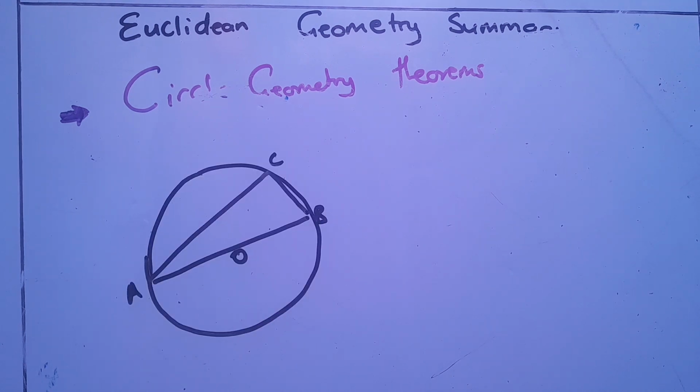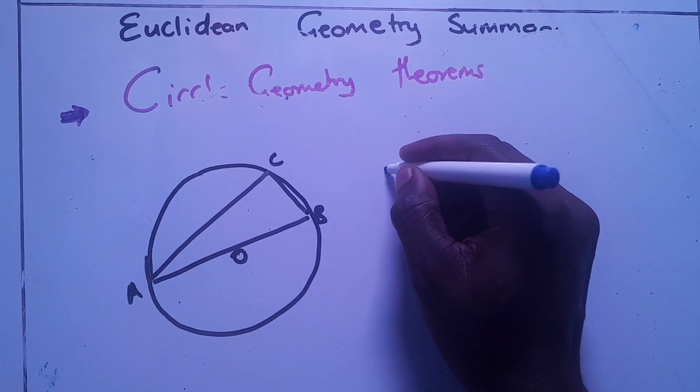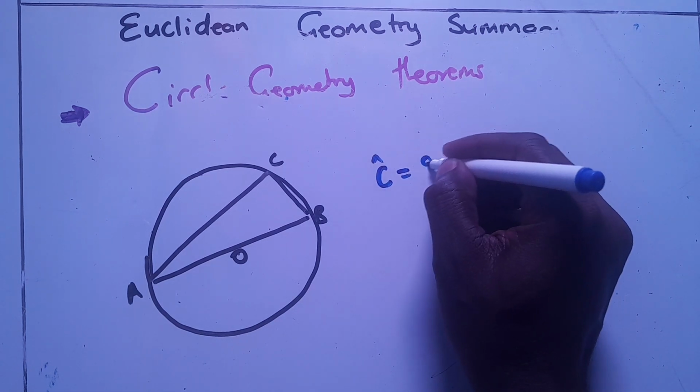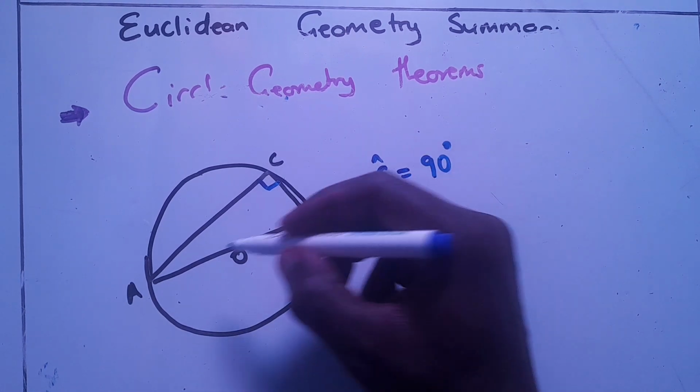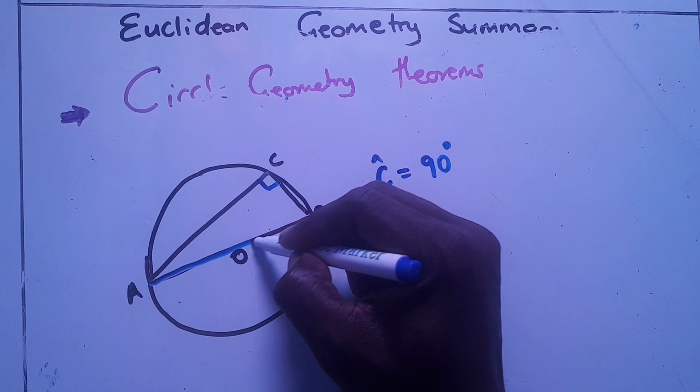And now if we're having AB, C inside, and AB as our diameter, we can now say our angle C becomes 90 degrees. So this angle becomes 90 degrees because it was subtended by a diameter.